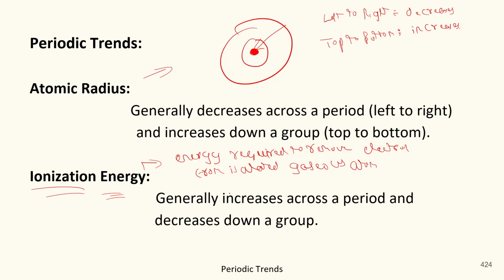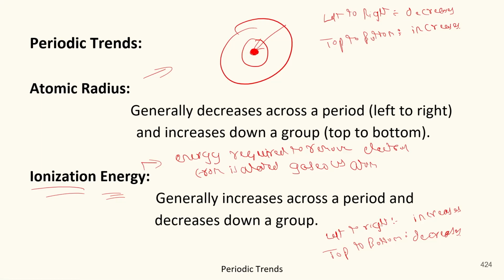So during the periods when we go left to right, it generally increases. But in the group when we go top to bottom, it generally decreases. Got it? So it is about the atomic radius and the ionization energy.